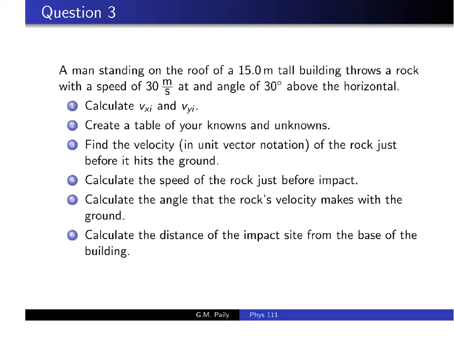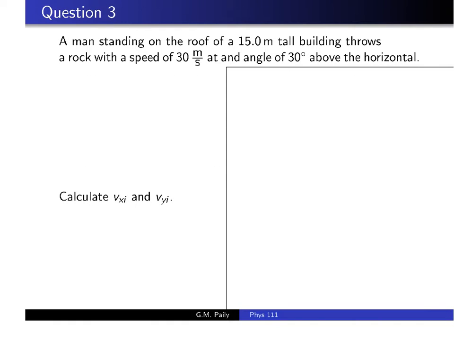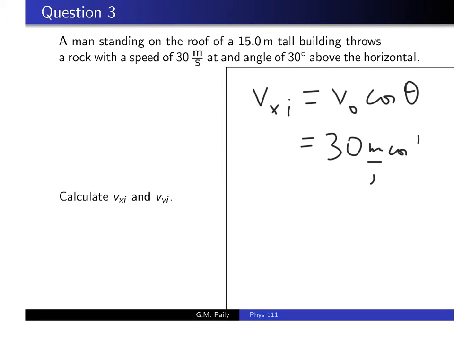First, let us calculate Vx initial and Vy initial. Well, we know that Vx initial is equal to V naught cosine theta, and so that becomes simply 30 meters per second cosine 30 degrees, which is 26 meters per second.